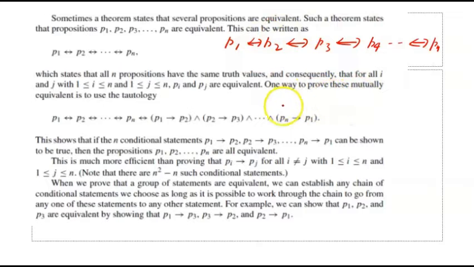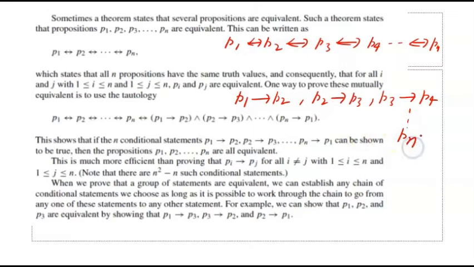What we will follow is this: I will write P1 implies P2, and I will prove this. Then I have to prove that P2 implies P3. Then I have to prove that P3 implies P4, and we create a chain, a sequence, and in the end we reach Pn, and then we show that Pn implies P1.